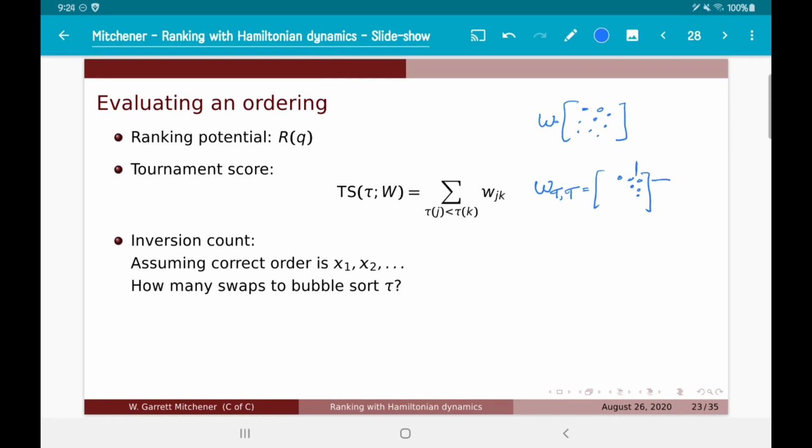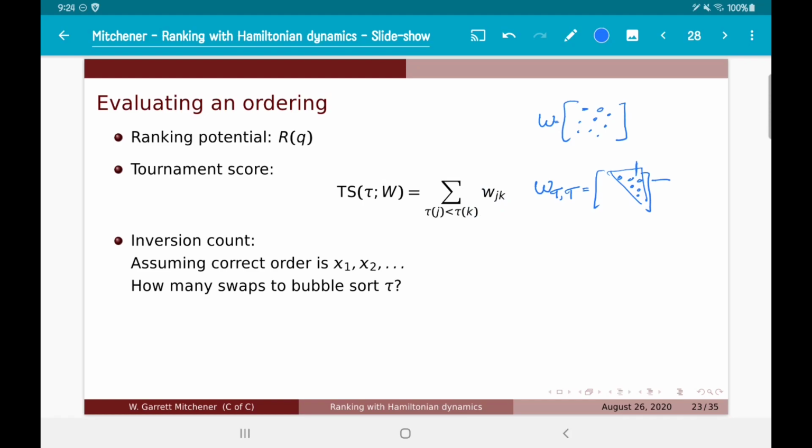And so in some sense, a ranking problem amounts to sorting the rows and columns of the weight matrix to push as much of the mass into this upper triangle as possible. So the tournament score is just the sum of the weights that have ended up in the upper triangle in this reordered matrix.